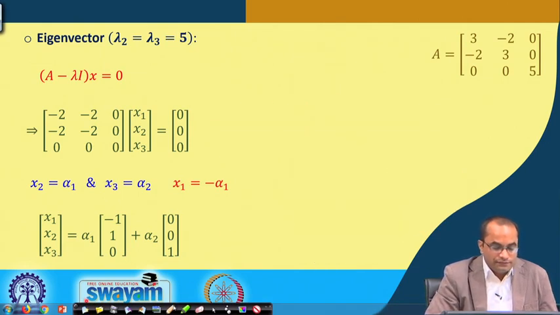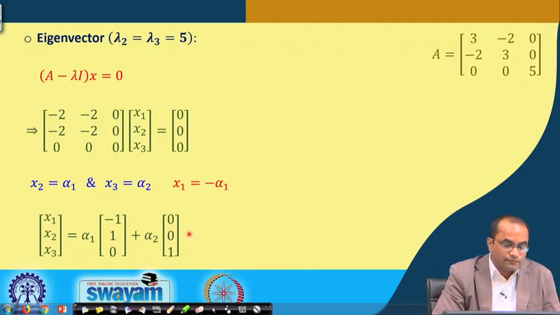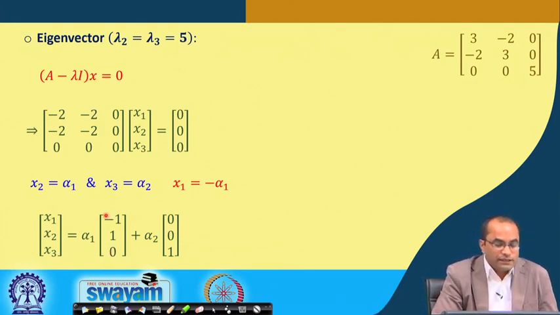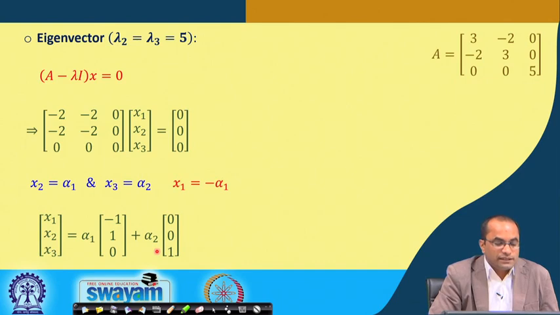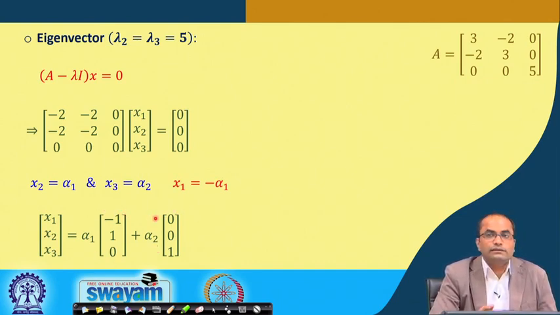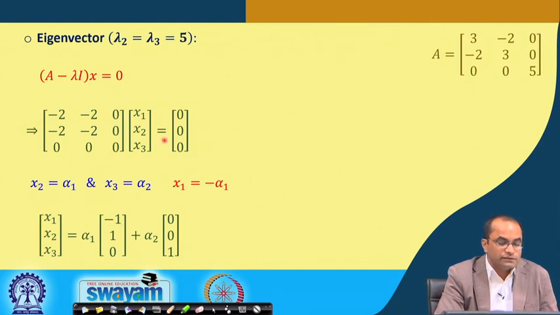So, here we have these two generators: minus 1 1 0, and for alpha 2 this 0 0 1. What do we observe in this case? Either one is satisfying the given system of equations.